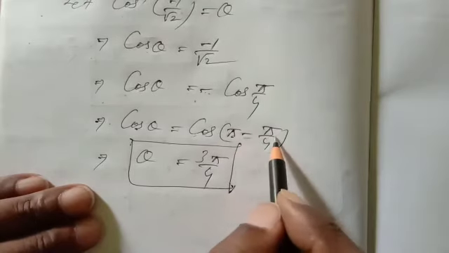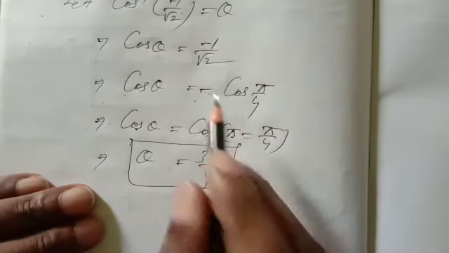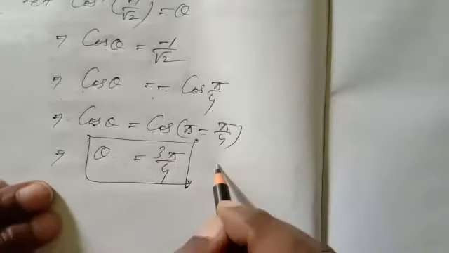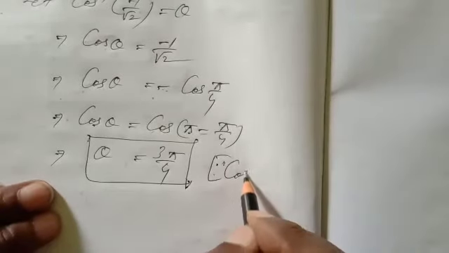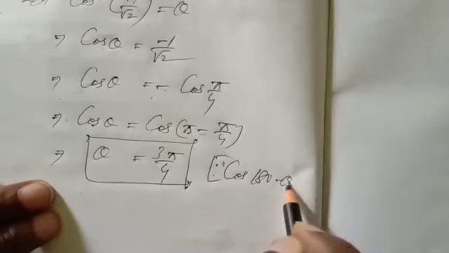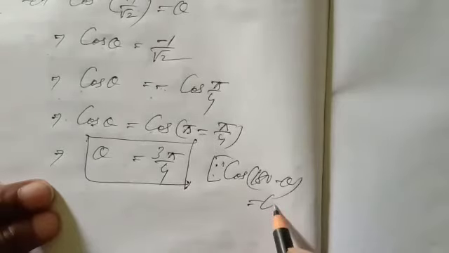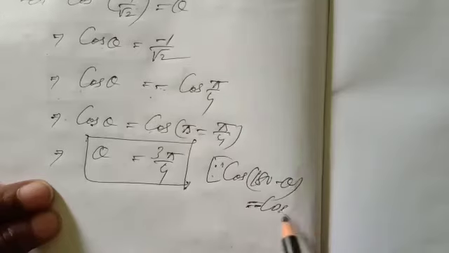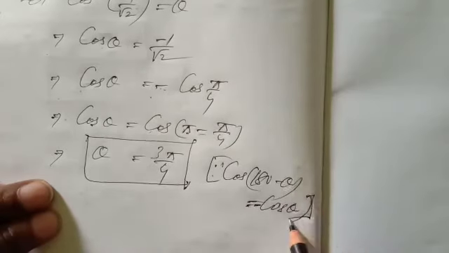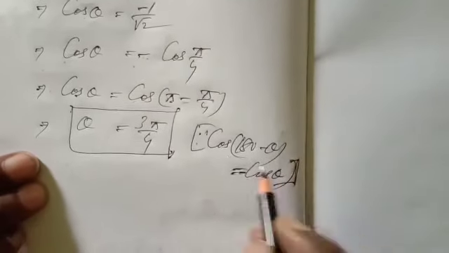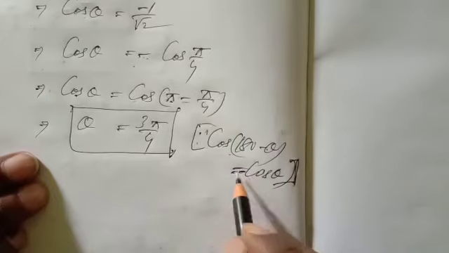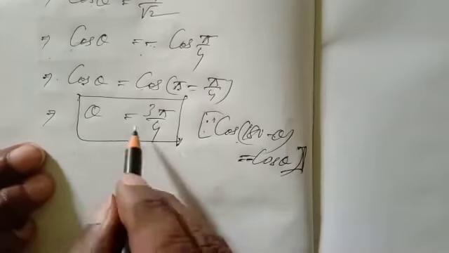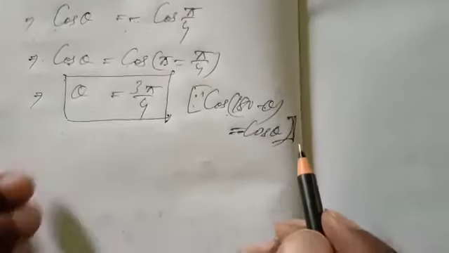Write the formula here: since cos 180 minus theta is equal to minus cos theta, therefore theta is equal to 3 pi by 4.